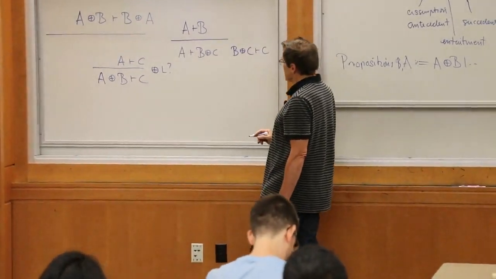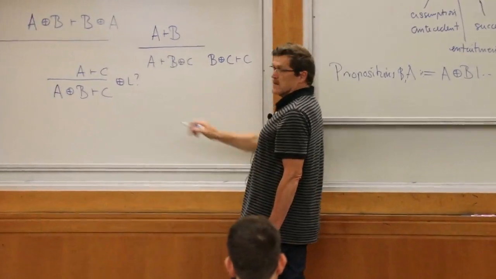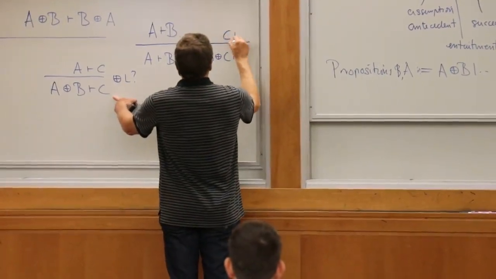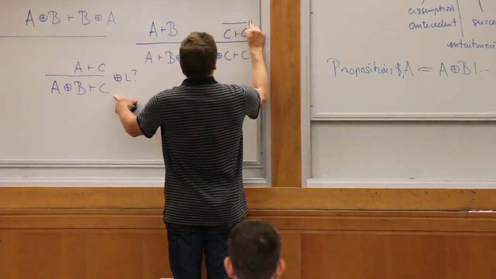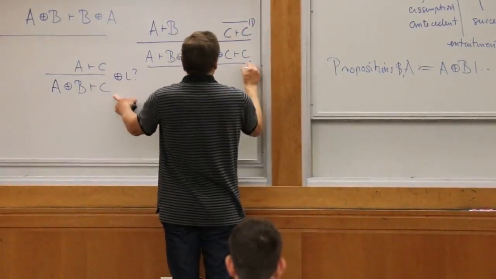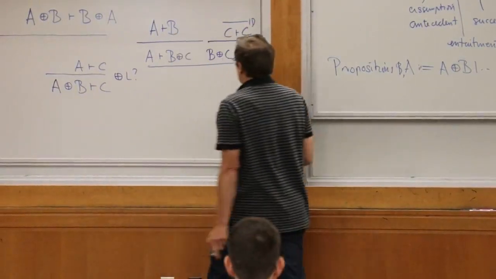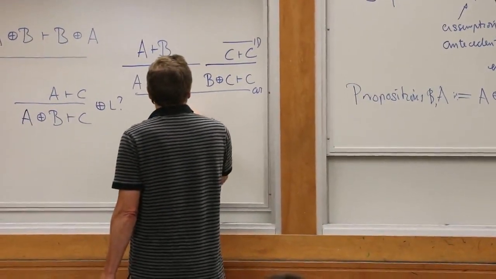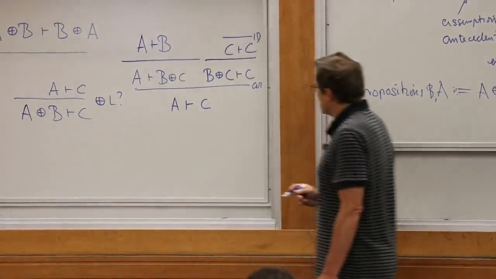Well, we can use the left rule. We can use this wrong rule. And that gives you C entails C, and that's the identity, so we can apply cut. And that says then A entails C, okay?